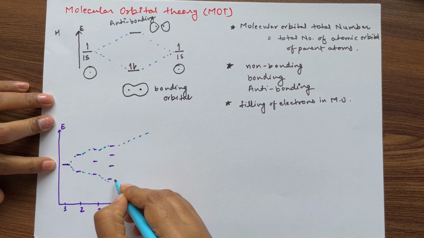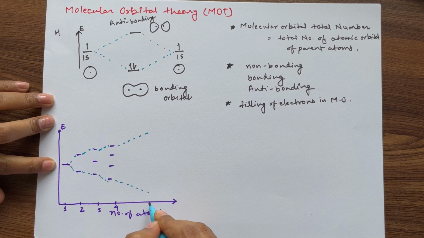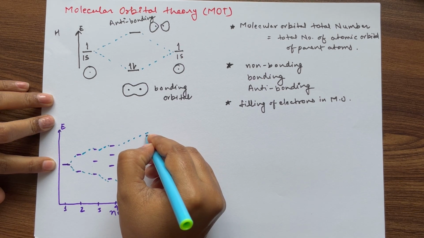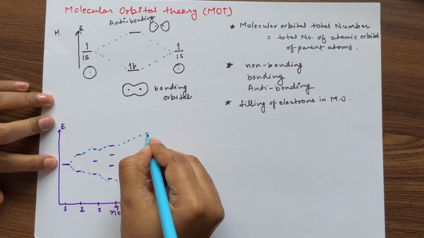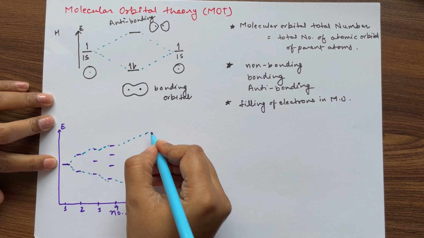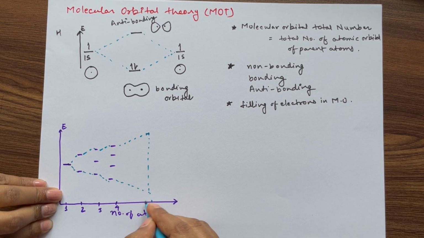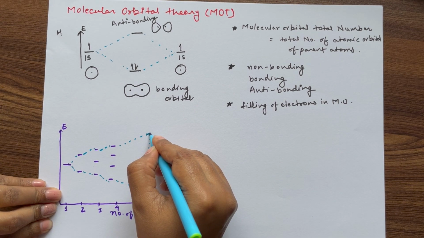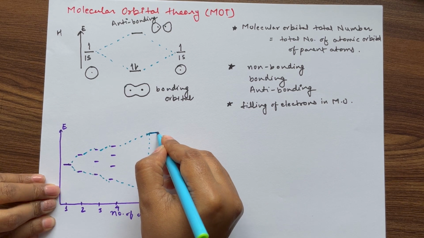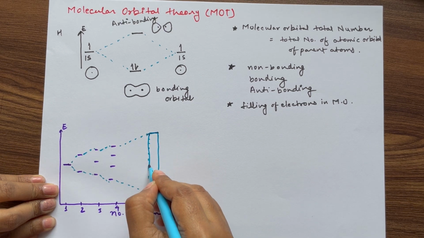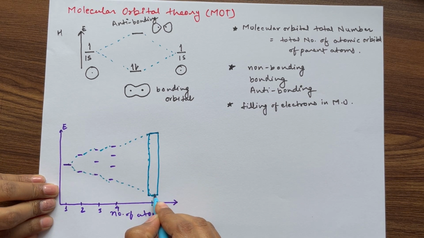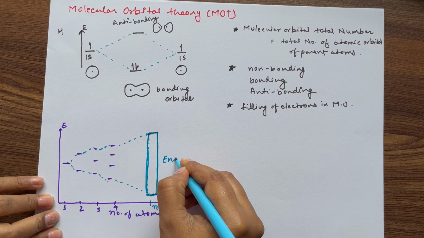When it becomes n, for n number of atoms, there will be n number of molecular orbitals with n number of energy states. When this number is very high, the energy gap between these molecular orbitals becomes very narrow. It looks like a continuum of energy states, and this is called an energy band.